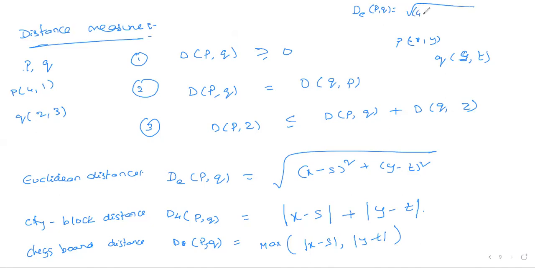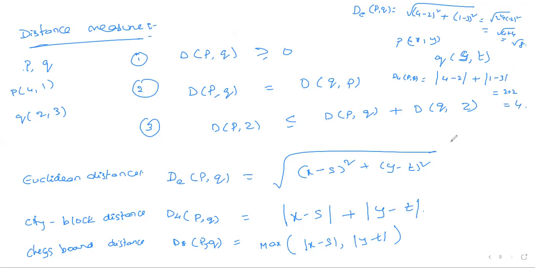Root of 4 minus 2 whole square plus 1 minus 3 whole square. So 2 square plus minus 2 whole square, that is 4 plus 4, that is root 8. Okay. Next, D4 of P comma Q is modulus 4 minus 2 plus modulus 1 minus 3. So 2 plus 2, that is 4.